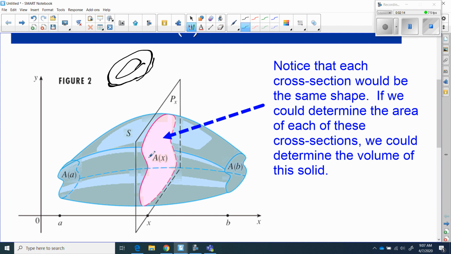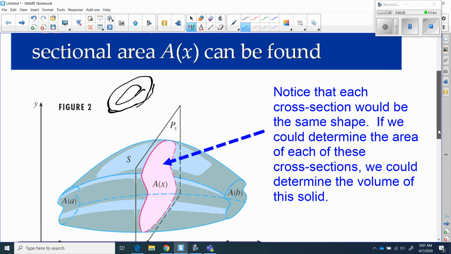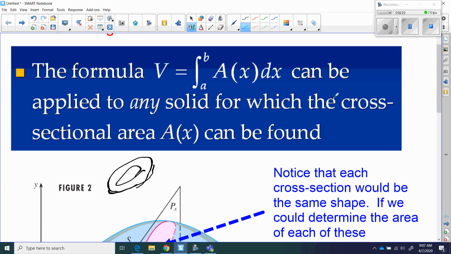Each one would be dx in thickness. So to get the volume, they would simply integrate the area of the face, which you see up here. So integrate from A to B, that's the start and the end, area of the face times the thickness of the cross sections, which is a slice of the x-axis, so we can refer to that as dx.